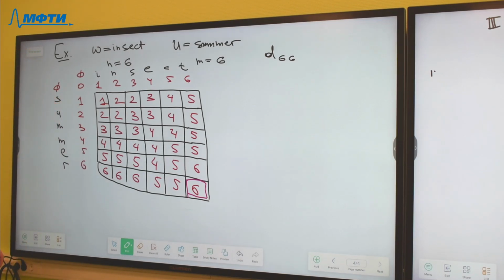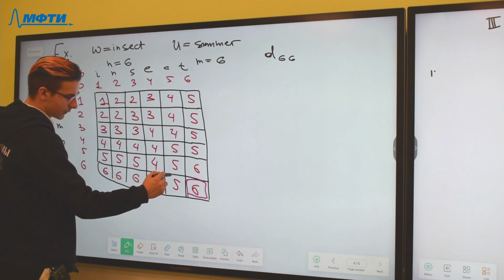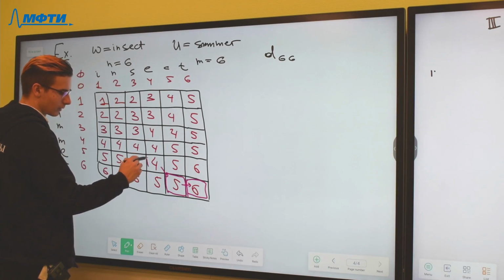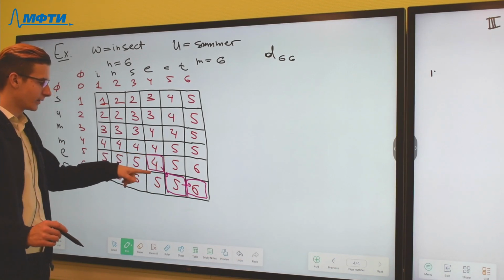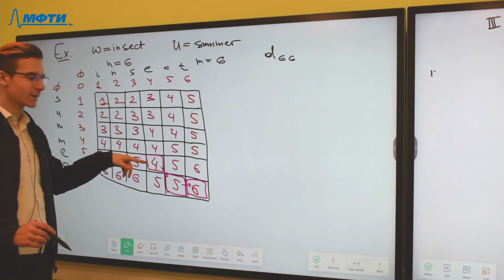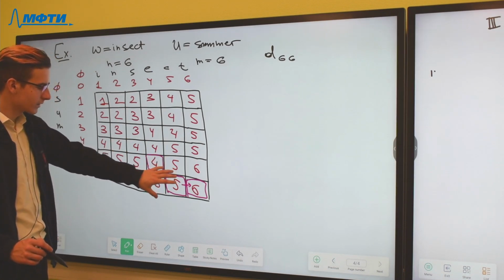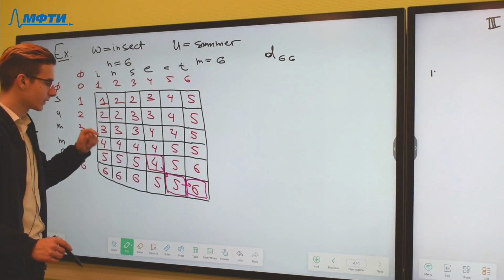So, of course, we can find, for example, a way from this number to this number. So, for example, when we say that the minimum of these three is equal to 4, we say that to find the distance, we need to write one character over the second character.